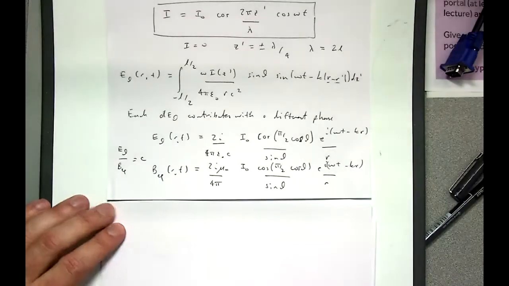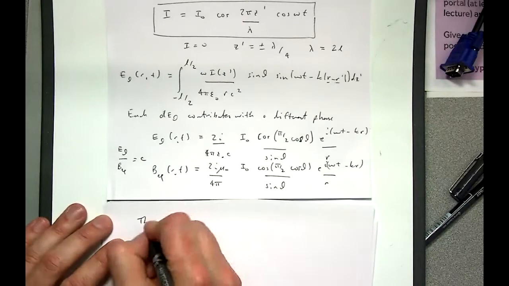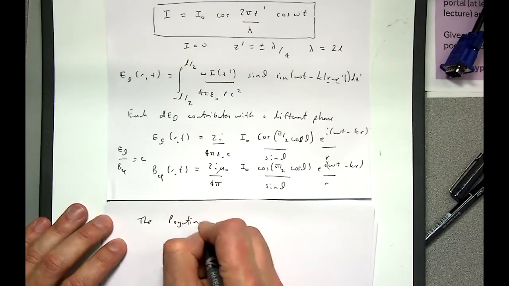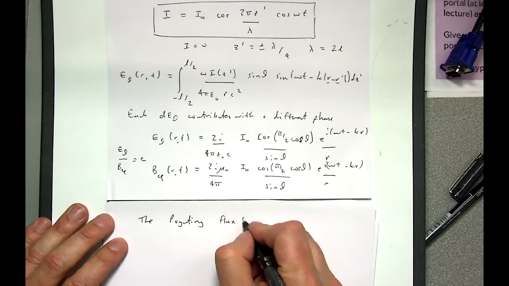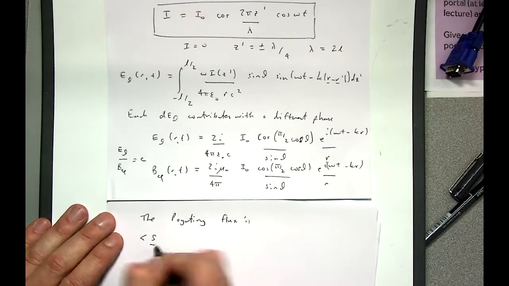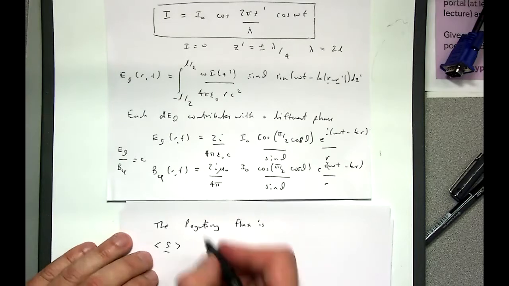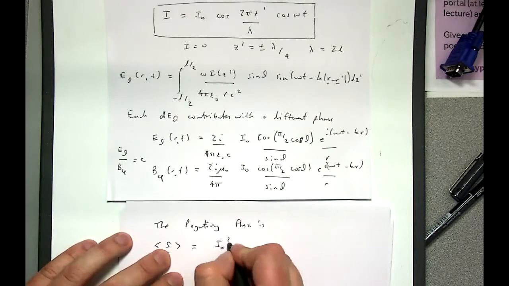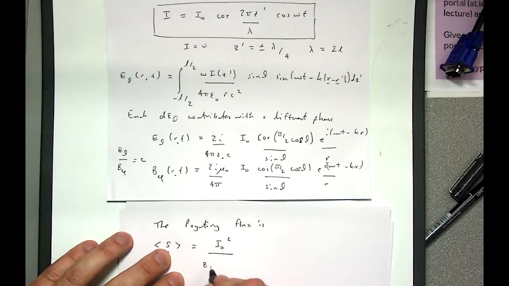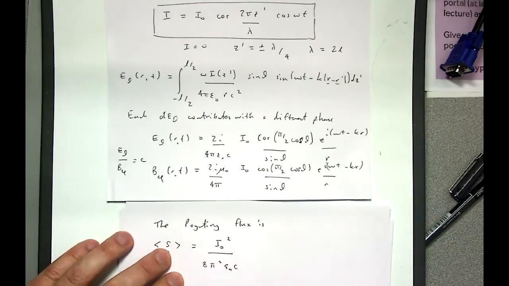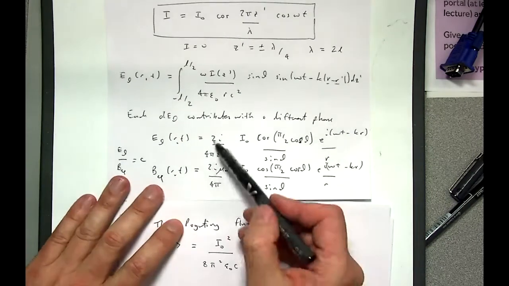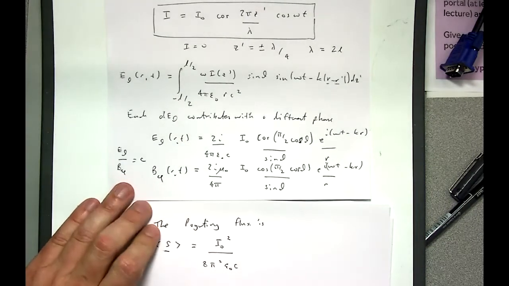So the Poynting flux is just, let's do the time average. So there's going to be some factors of 2 appearing. We know it goes as I naught squared over 8 pi squared epsilon naught c. The 2 factors of pi that appear above, and those factors of 2 above, have been swallowed up by the 2 factors of 2 that we get from the time average.